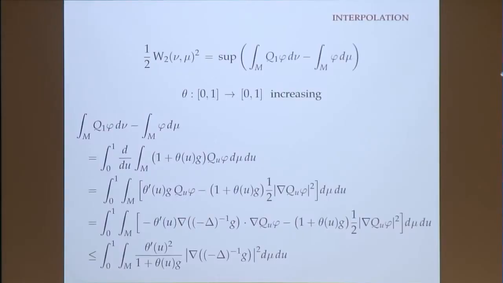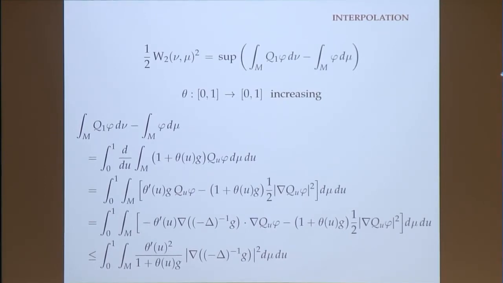You interpolate along some increasing map U. When you take the derivative of this, you get this contribution by the Hamilton-Jacobi equation. And on the other piece, you force the introduction of the delta inverse by integration by parts, and you get it.